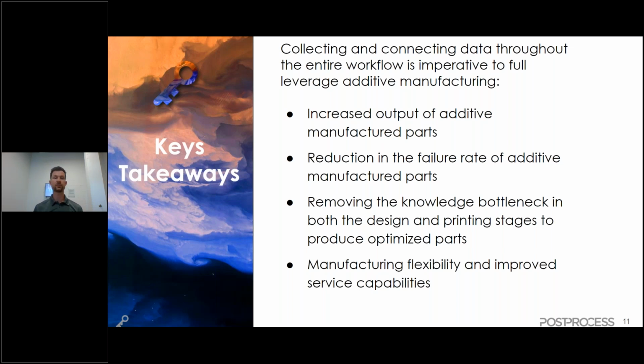And we want to reduce the failures or the quality defects that we see, especially in the post-printing stage. Reduce those reprint numbers and get it right the first time. Ultimately, we demonstrated through generating a recipe through data, you can start to remove some of that knowledge bottleneck.